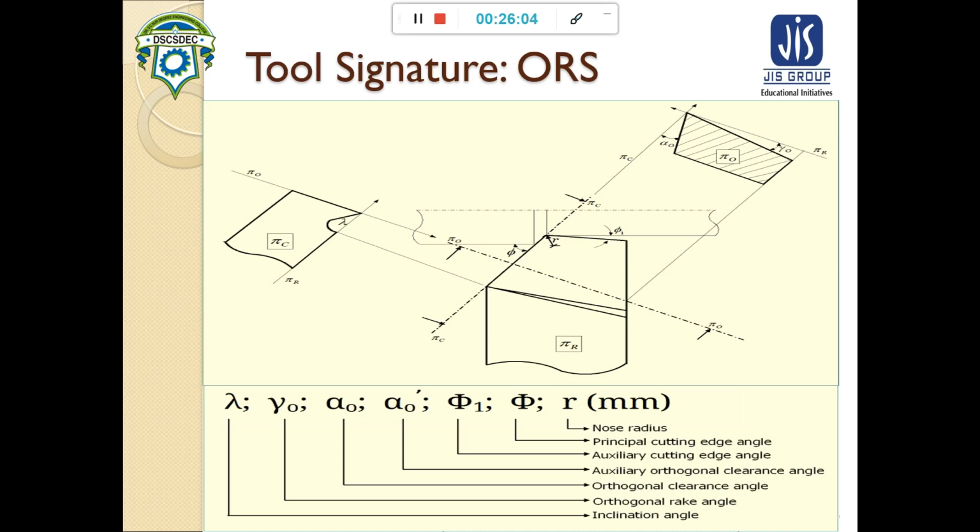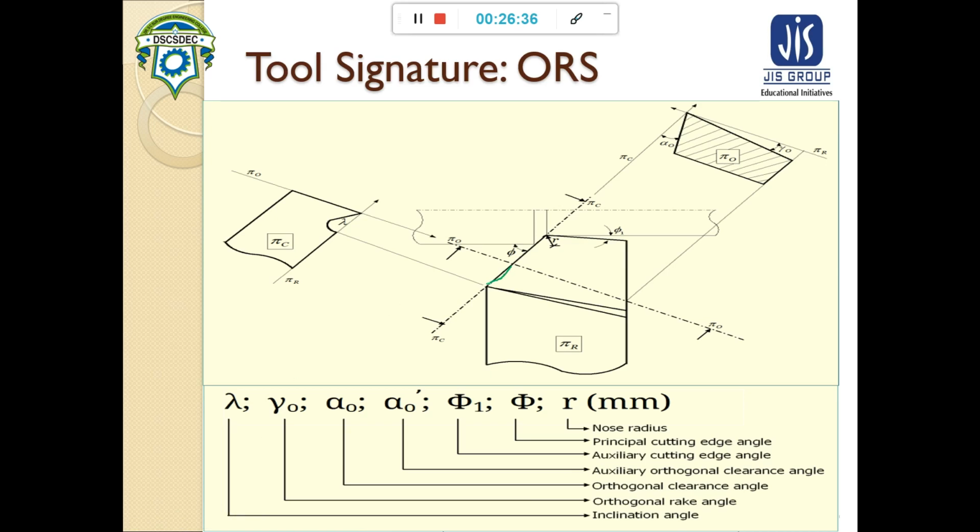The cutting plane is in the direction of the principal cutting edge, and the auxiliary cutting edge is the other edge. The principal cutting edge is the cutting edge in the direction of feed. So this is the principal cutting edge.